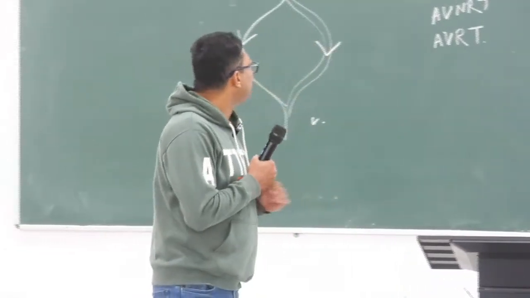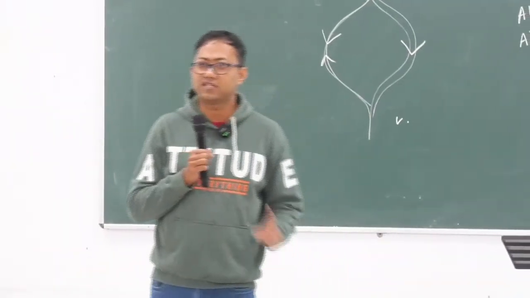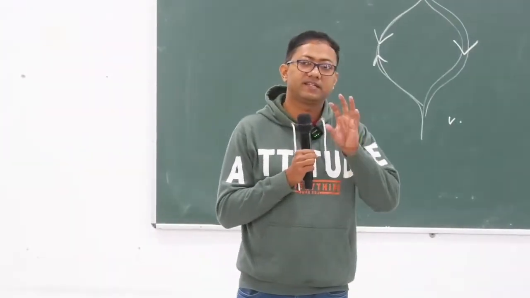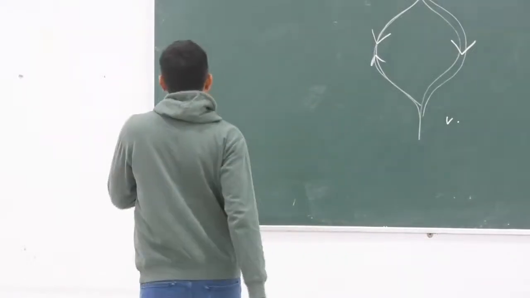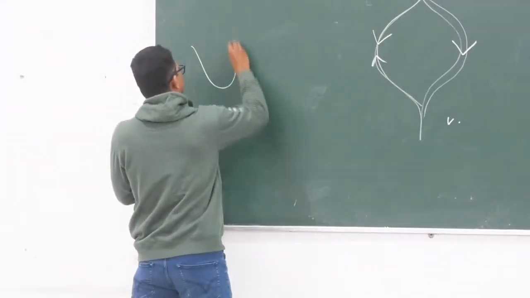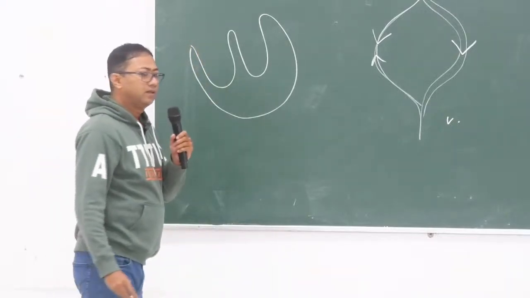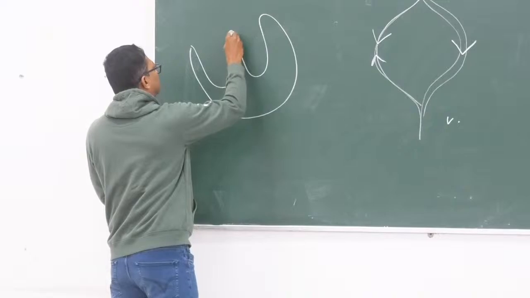Okay. Now, we will explain AVNRT and AVRT one by one. First is AV nodal re-entrant tachycardia. That means the re-entry circuit is there around the AV node. Okay. So, this is your heart. Here is the AV node, correct?